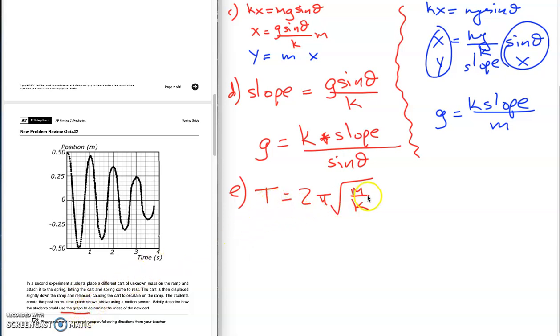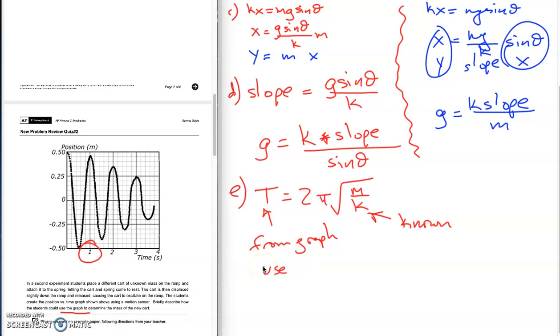Now, the equation that we derived in class, or we were going to derive in class, so I had to do the screencast notes to do that, but it was part of the last topic. The period is 2 pi root m over k. The period we can get off of the graph. The period is from my starting position down and back to my starting position, which is 1 second. So we can get this from the graph. K is known.